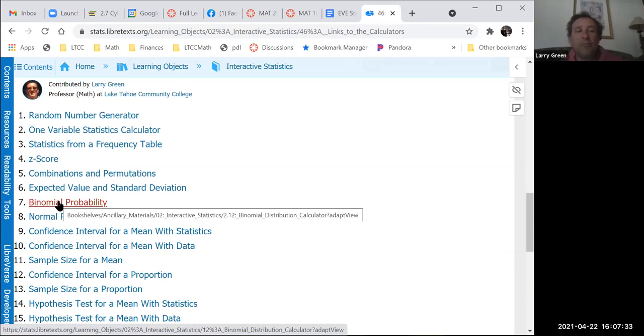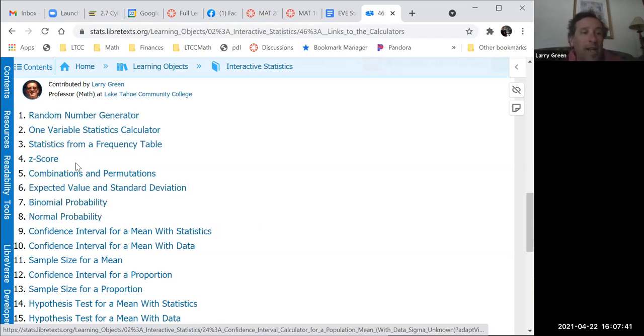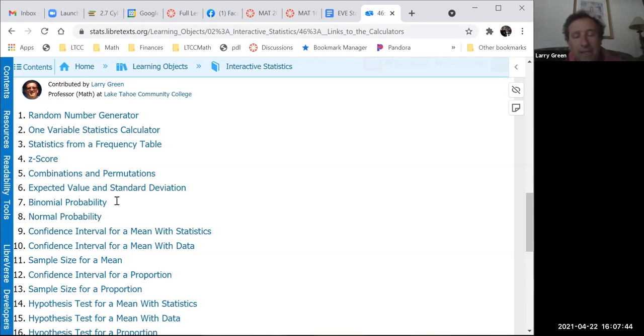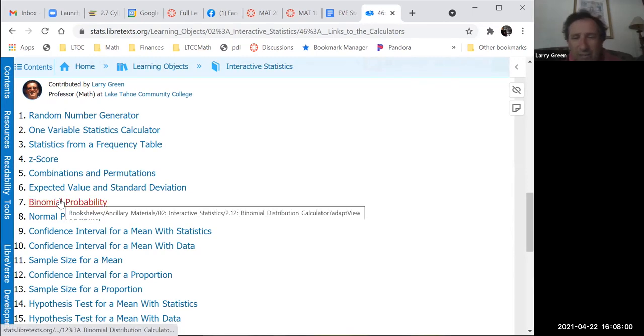So again, the big warning is this week, my guess is all of you knew that it was that one. But at the end of the quarter, there's going to be a whole lot of calculators. So keep in mind that this is a binomial probability because you have several trials and each one is a yes, no question. And you want the probability of a certain number of yeses out of the survey. Does that make sense?